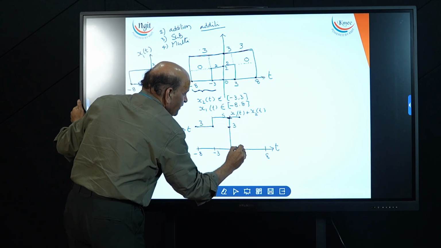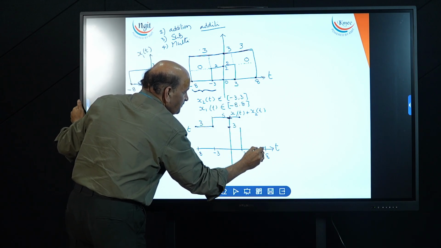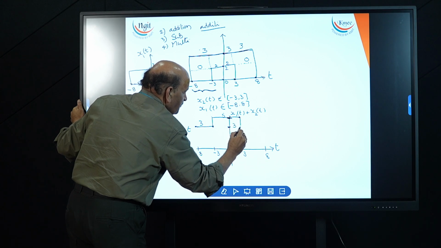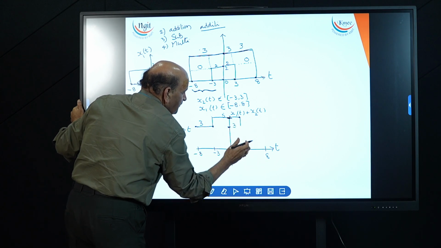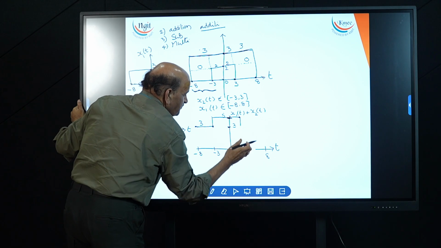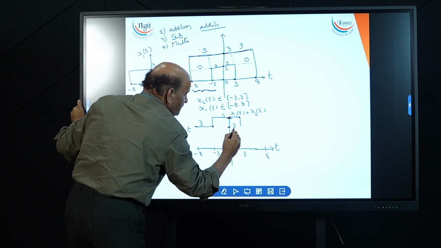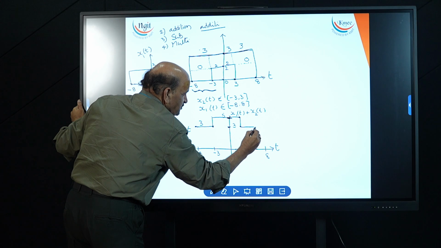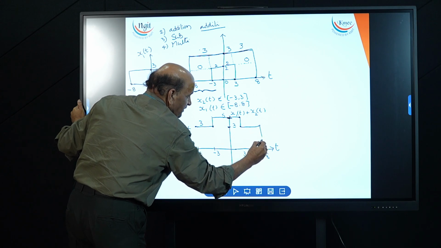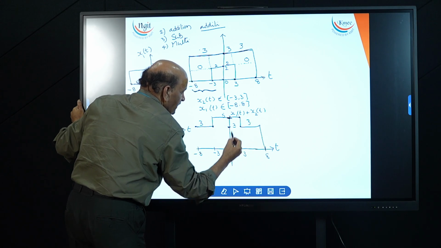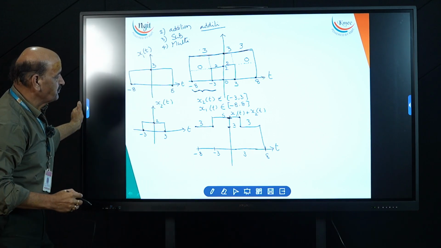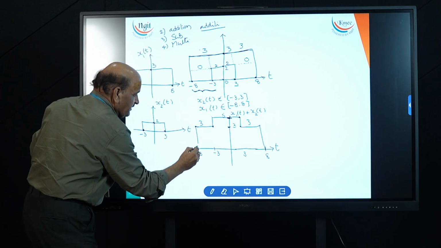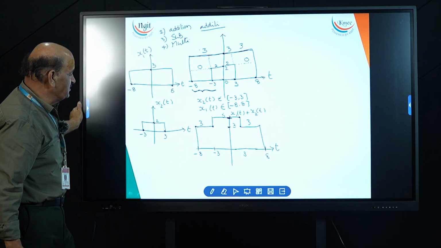And now, here the amplitude is equal to 3. Now just look at, here add this one. Amplitude scale, addition of amplitudes.